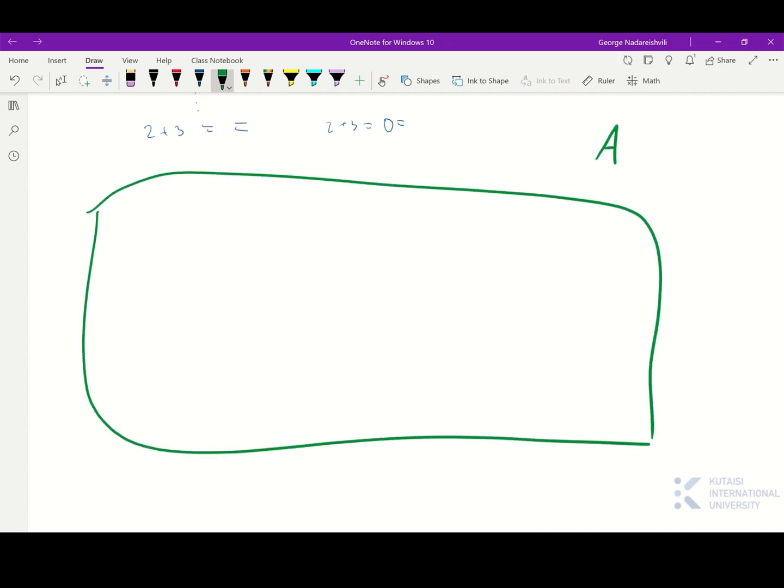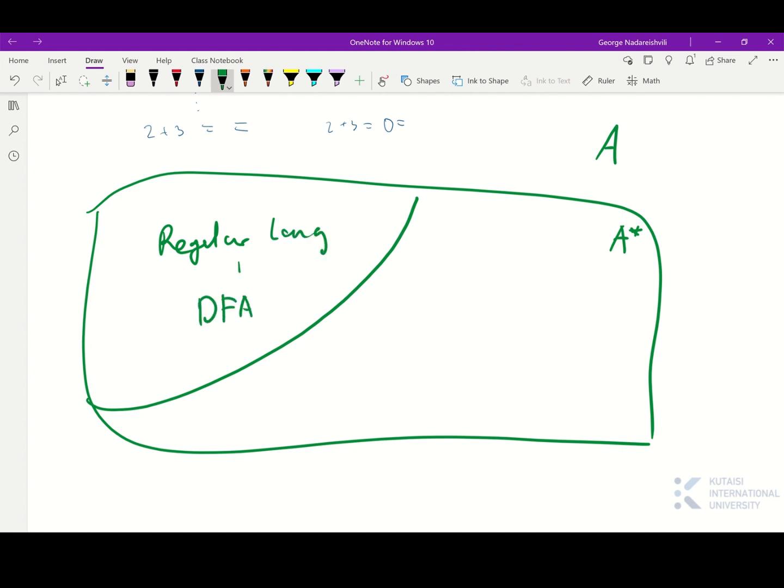And what we did basically throughout this lecture: we fix an alphabet A, and then we have this A star, which is all possible languages, and then we identified some things here. So we call this guy regular languages. These are the ones that you can build a DFA for. But I draw it this way, how am I guaranteed that there is even something here?